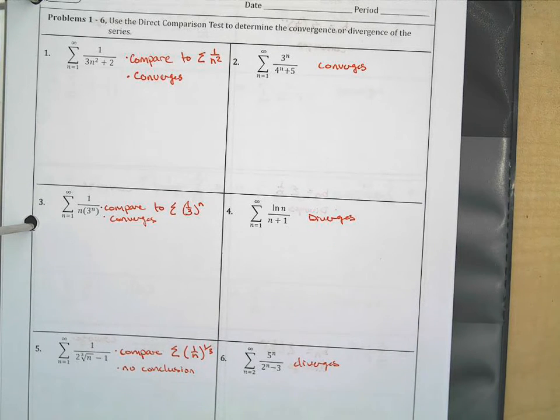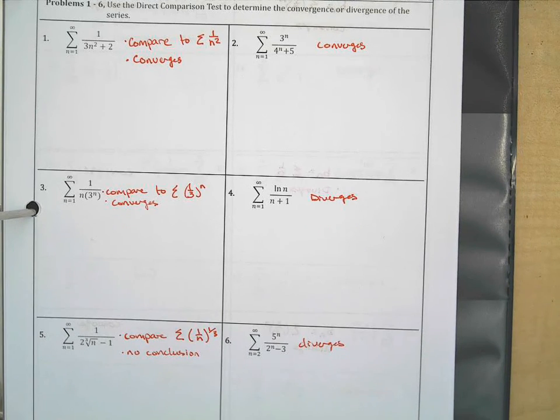How'd you get number 3? How'd you get your b of n to be 1/3 to the n? Do we not just use 1/n? If we did 1/n, it'd fail.